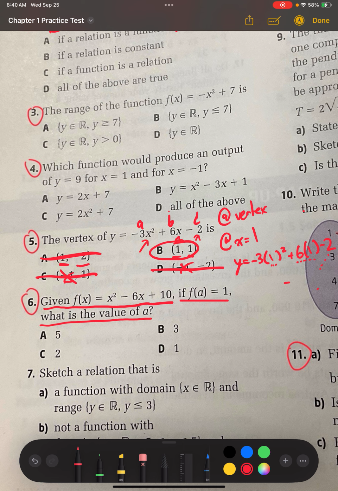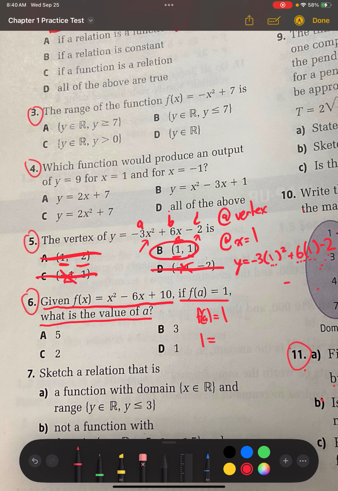That's saying that f at a equals 1. That means, so basically it's saying y is equal to 1. So you could just write, that's like y. You're saying y is equal to 1. And we'll just say x takes on the value of a. We're going to solve for it.